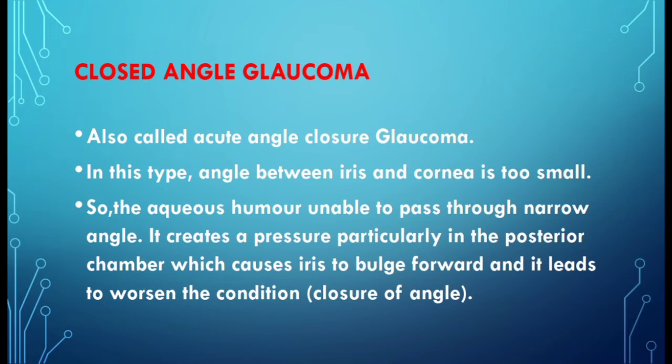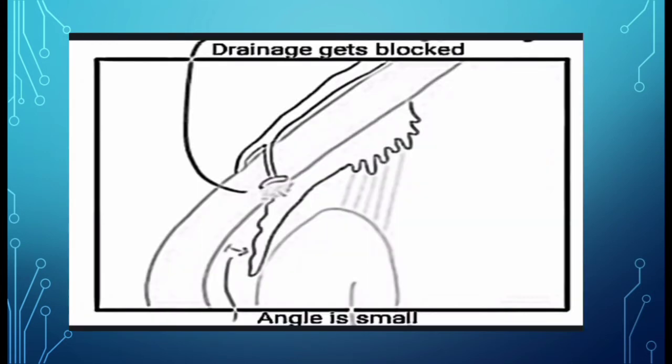Next, closed angle glaucoma. In this type, the angle between the iris and the cornea is too small, and it is also known as acute angle closure glaucoma. Look at the image. In this image, the angle between the iris and the cornea is too small and the drainage gets blocked.